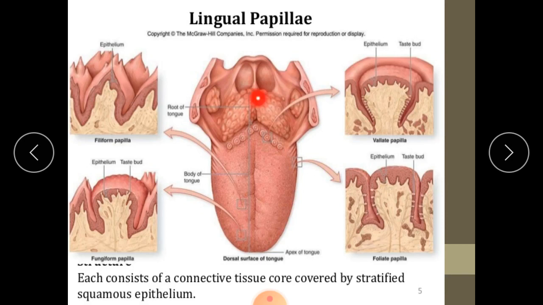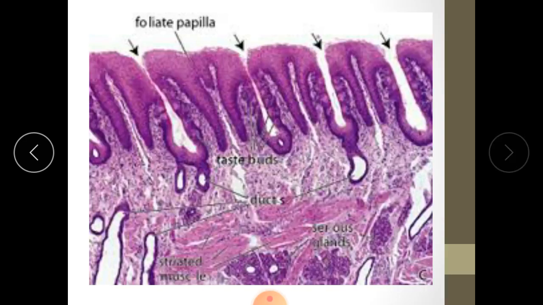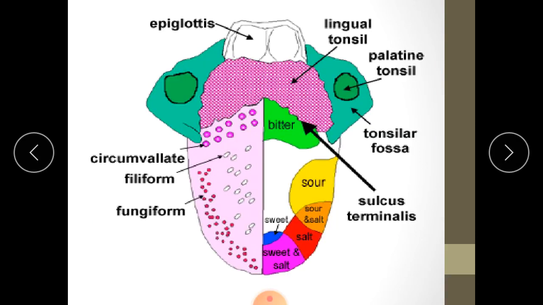In between posterior and anterior part of the tongue, there is a V-shaped marking groove. Look here, can you see here? There is a groove, and this groove is called sulcus terminalis. So this is anterior part of the tongue and this is posterior part of the tongue.